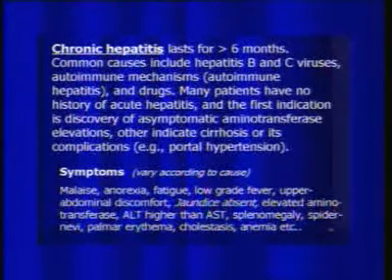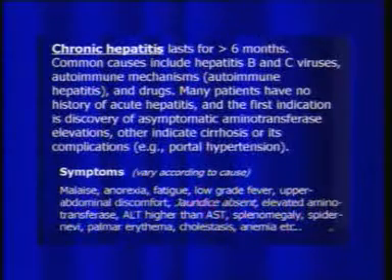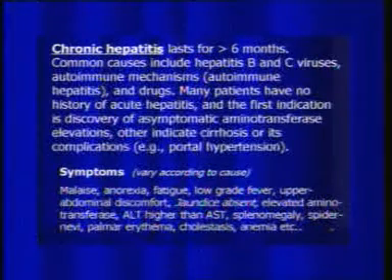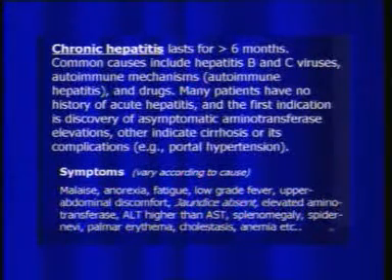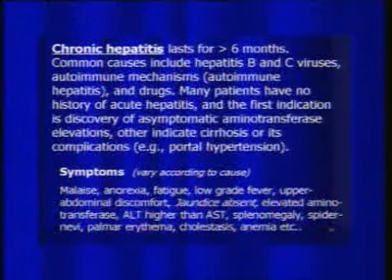We call a hepatitis chronic in nature when a person has been suffering for more than 6 months from symptoms typically associated with liver dysfunction. So we can define it as a hepatitis which commonly occurs due to hepatitis B and C virus or because of autoimmune mechanisms and drugs.